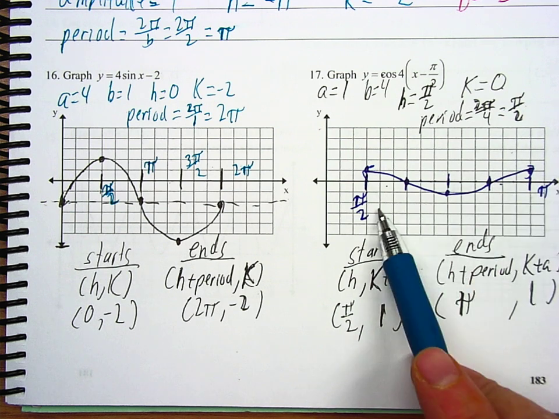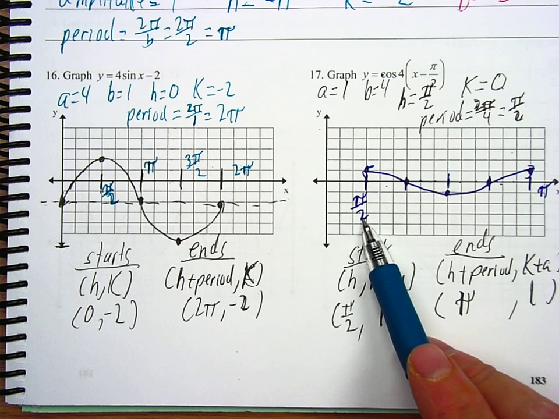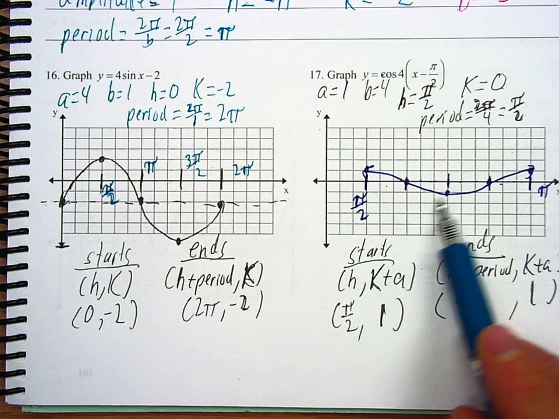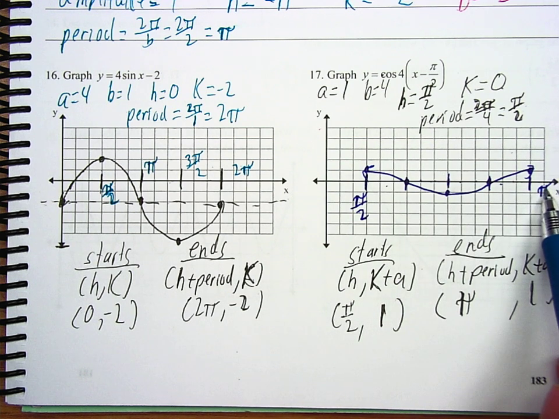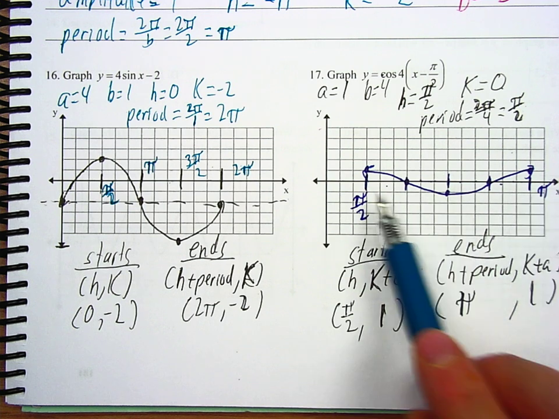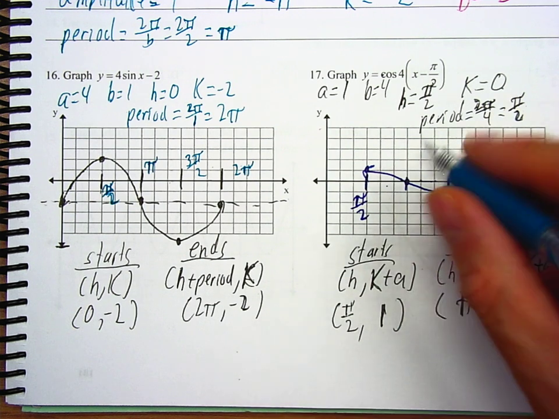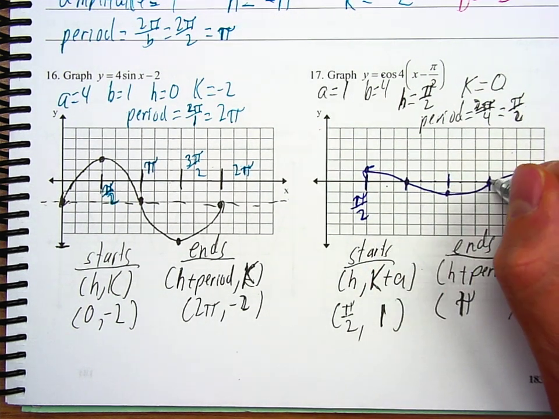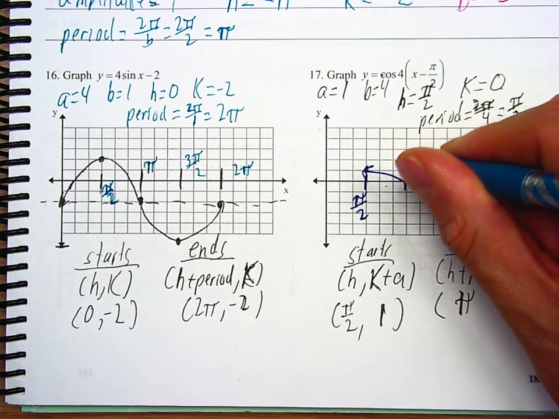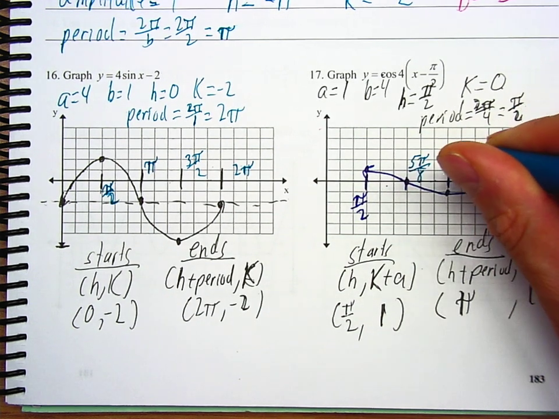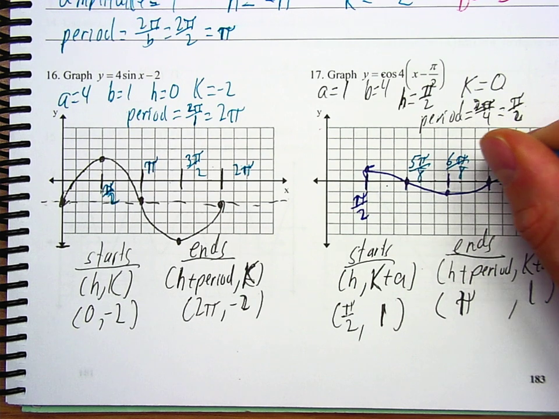So consider this. If I times this by 4, I get 8s. I can make this into 8s as well. 8 eighths. So this is 4 eighths. This is 8 eighths. So this is 4, 5, 6, 7, 8. So this is 5 pi over 8, 6 pi over 8, and 7 pi over 8.